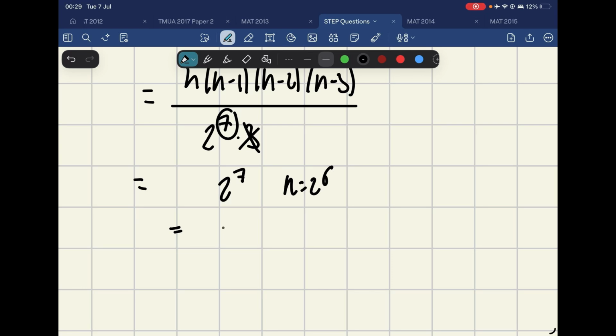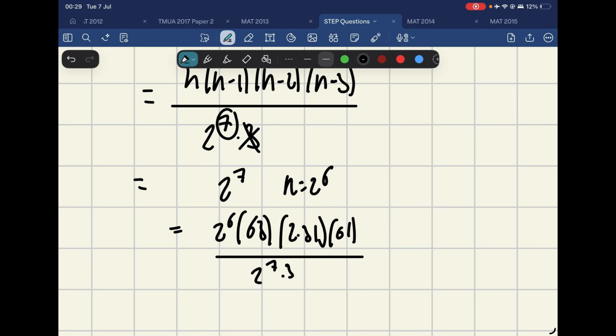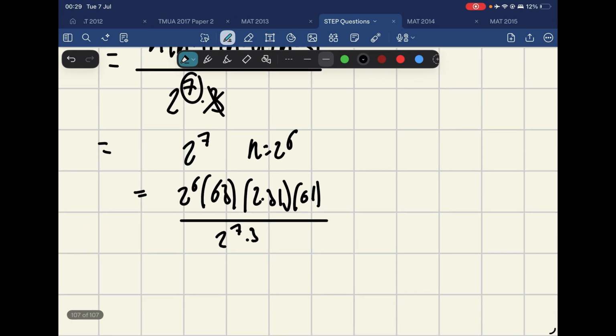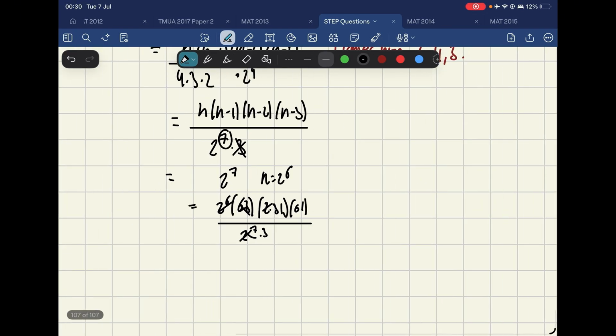If we want to check it, we have 2 to the 6 multiplied by 63, 62, 61, over 2 to the 7 times 3. Here we have a multiple of 3 in there. So yeah, our final answer is n equal to 64.